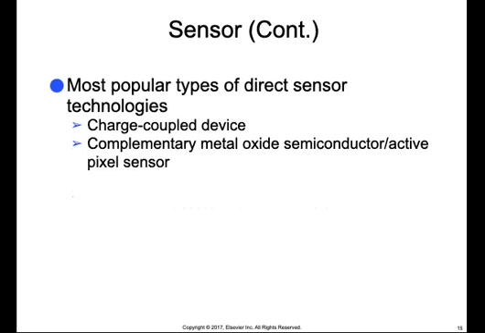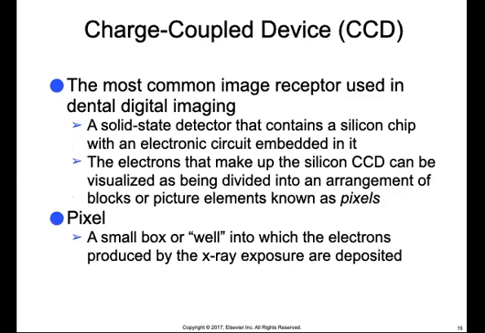The most popular types of direct sensor technologies include a charge coupled device or the complementary metal oxide semiconductor / active pixel sensor. Both are rigid solid-state detectors made of silicon that are arranged in an array of X-ray sensitive pixels. A charge-coupled device is a common receptor used in digital imaging.